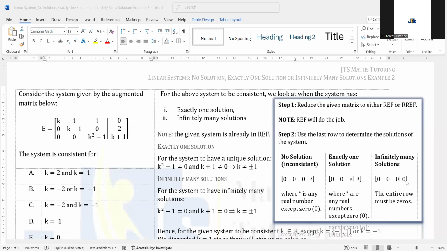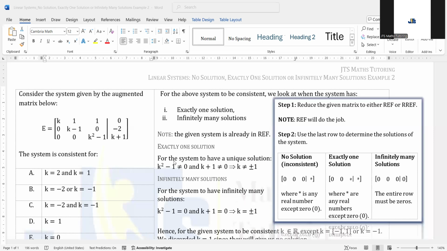Okay, beautiful. So look at this. I'm looking first at exactly one solution. K squared minus 1 must not be equal to 0. After working everything out, you see K is not equal to plus or minus 1.